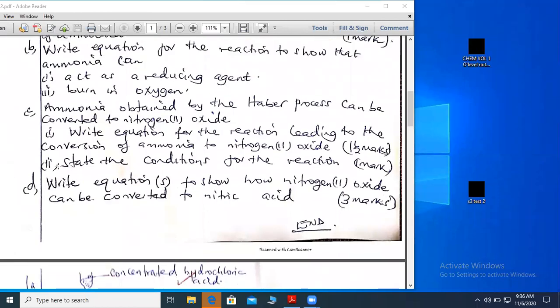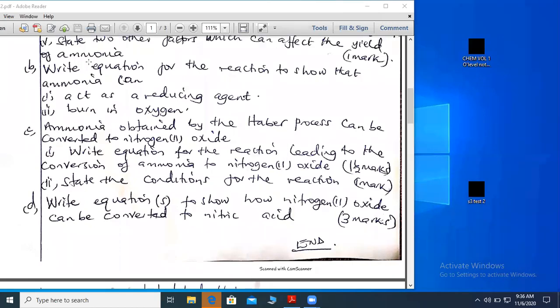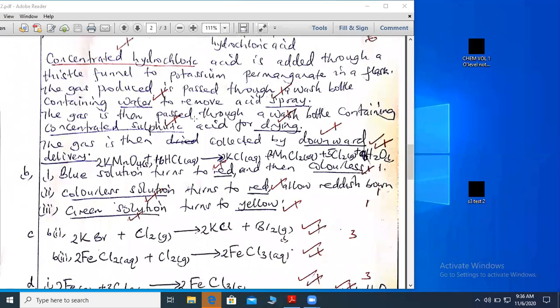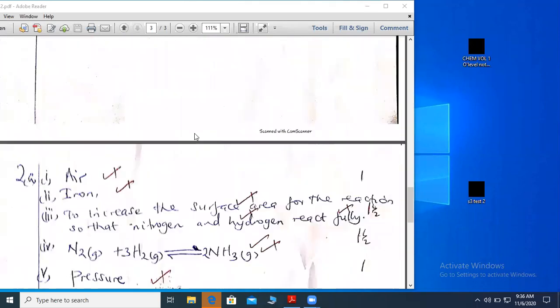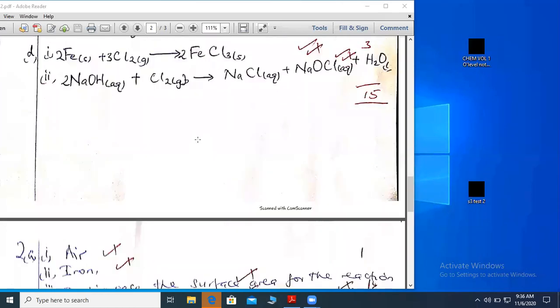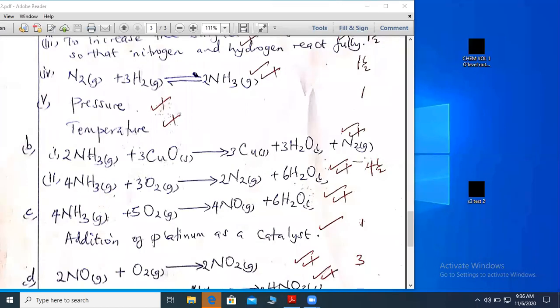Then there was a question saying, write an equation to show that ammonia can act as a reducing agent. This was the best equation for you to write. Many of you wrote very fake equations. Yes, ammonia can work as a reducing agent.